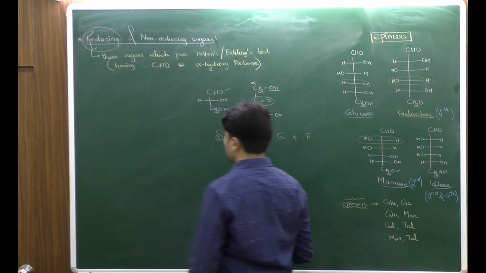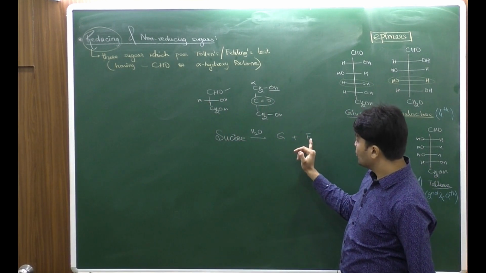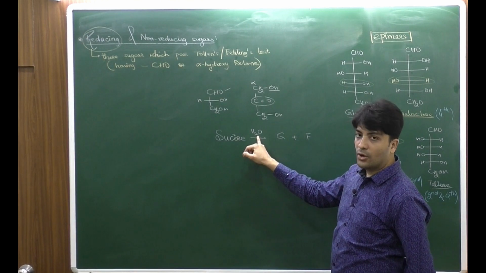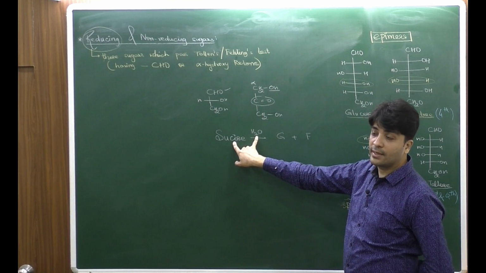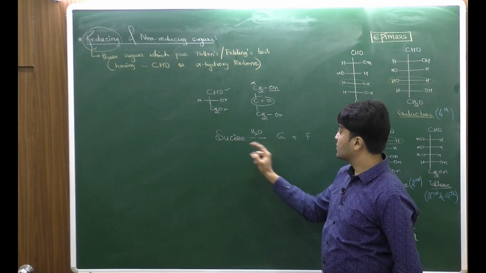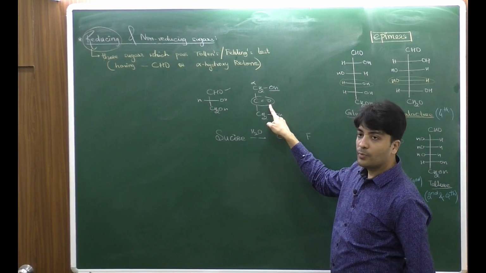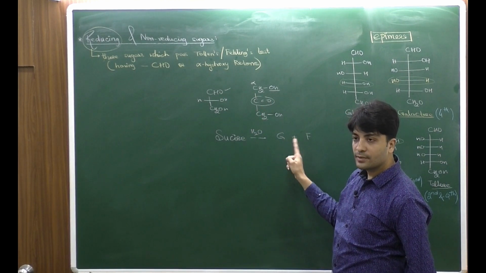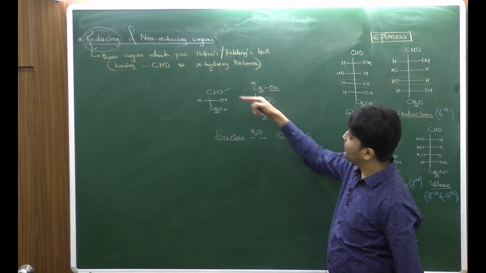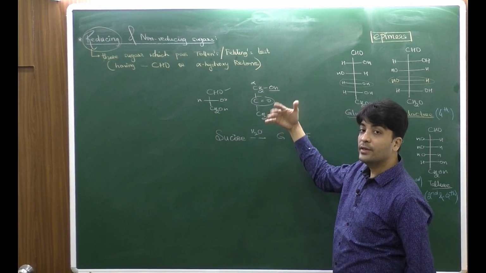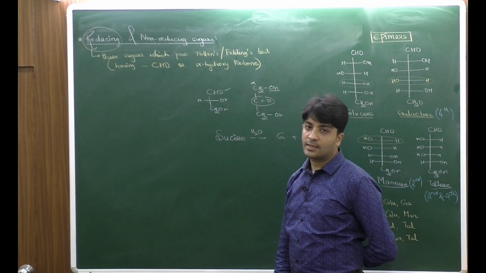A disaccharide is basically formed when 2 monosaccharides lose a water, giving you this, correct. We will also see its structure. Now when we discuss the structure, the aldehyde group of glucose and the ketonic group of fructose are involved in the bond formation. If they are involved in the bond formation, they will not be able to regenerate this functional group on breakdown, and that is the reason they will not be able to pass the test.